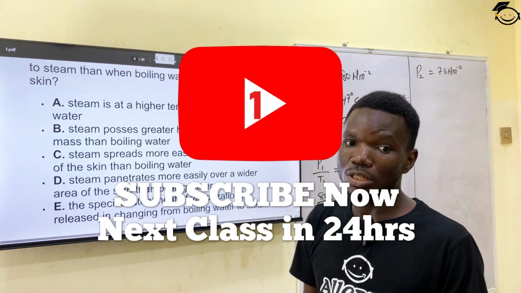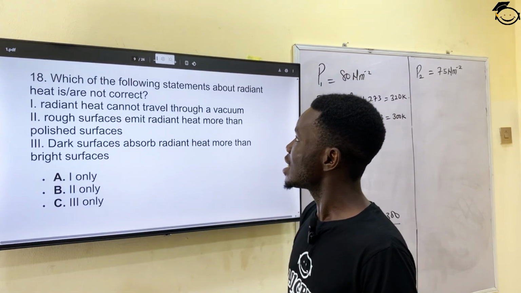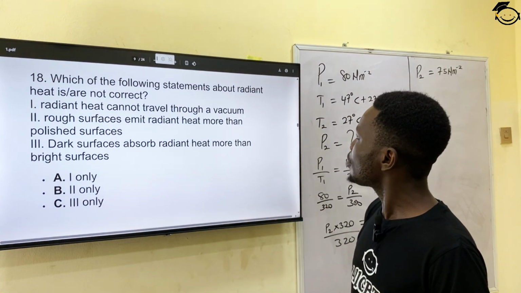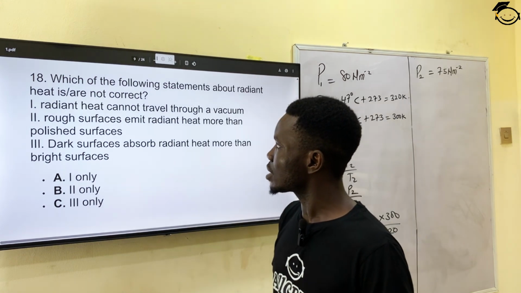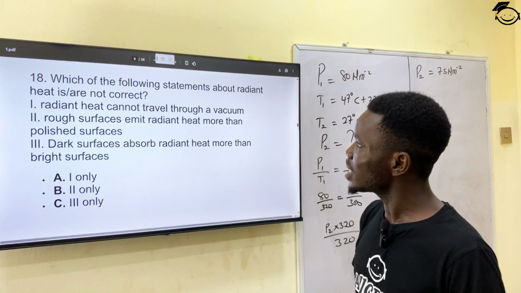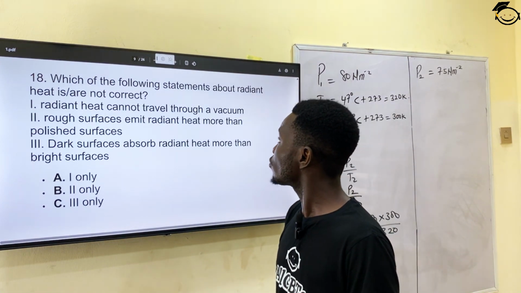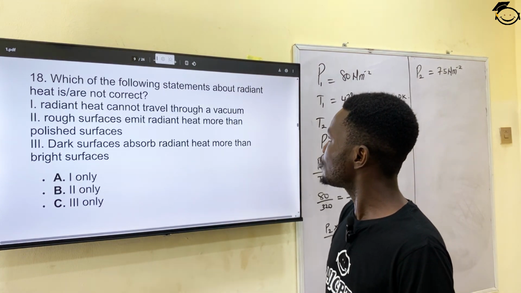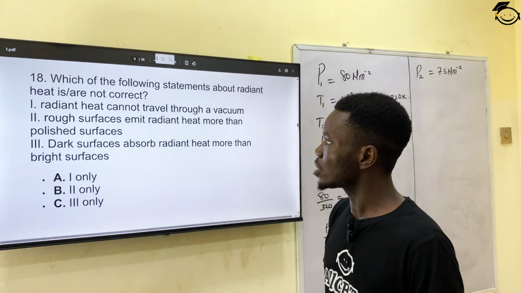So that takes us to question number 18, which says, which of the following statements about radiant heat is or are not correct? Option A says radiant heat cannot travel through a vacuum. Option B says rough surfaces emit radiant heat more than polished surfaces.